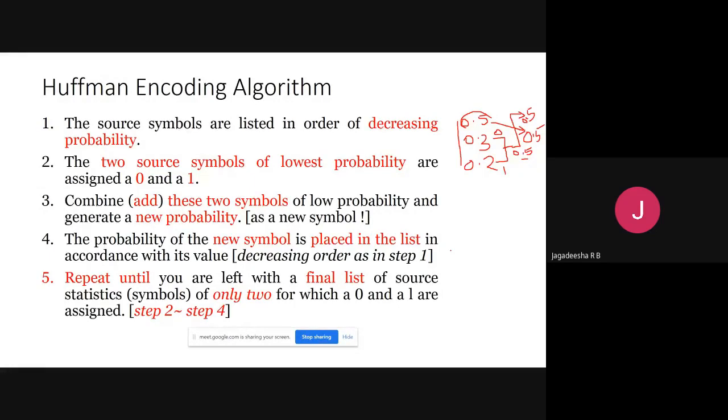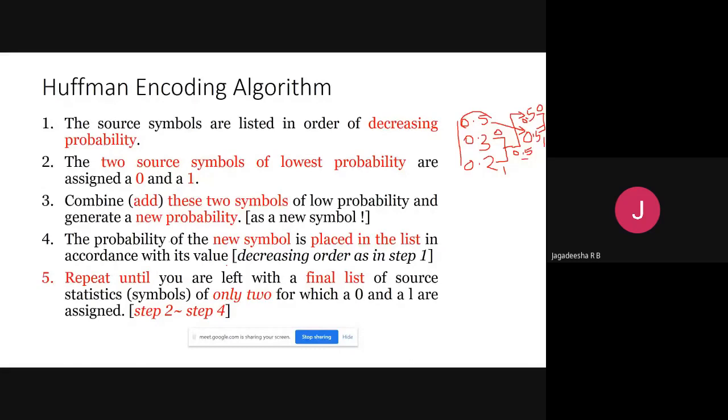That means, what's the meaning here? Repeat step 2 and 4. So in step 2, what we did here, we assigned 0 here and 1 here, right? So that's what we have done.